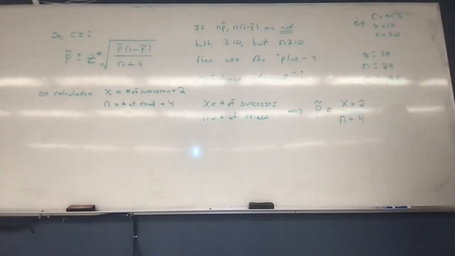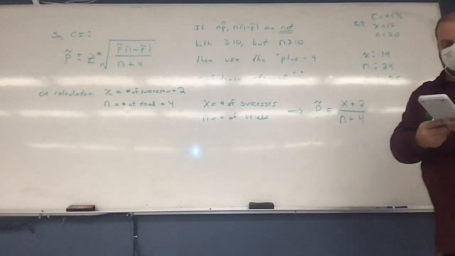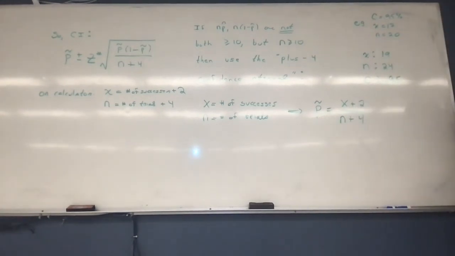0.95. So let's go to 1-proportion Z interval, put in 19, put in 24. What is my confidence interval going to be? 0.629 to 0.954.